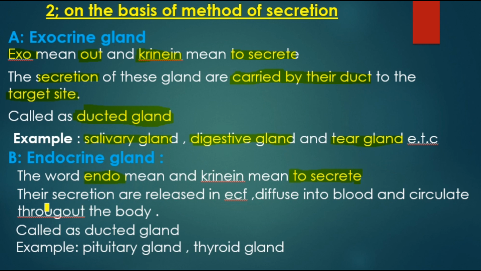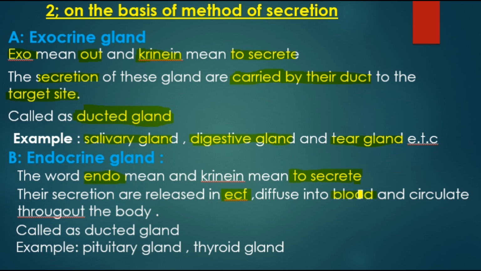Now look at the definition of the endocrine glands. Their secretions are released in the ECF, which means extracellular fluid. When they secrete their product, it is secreted into the ECF, and from the ECF it diffuses into the blood.